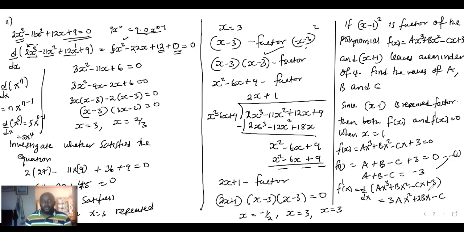I think you now all know why the 3 I'm not dealing with it. It has become 0 when you differentiate. Now when you substitute, everything here has to be equal to 0. So substitute x is equal to 1. You'll get 3a plus 2b minus c is equal to 0.